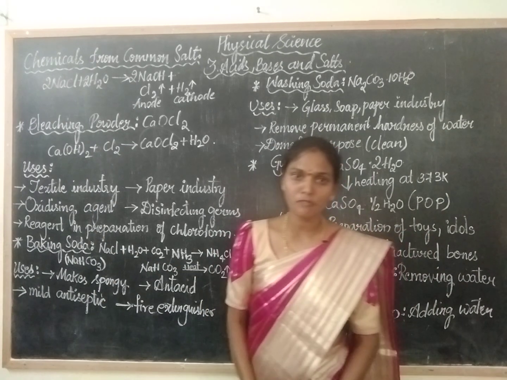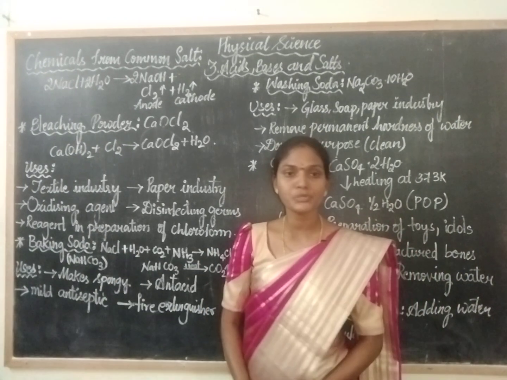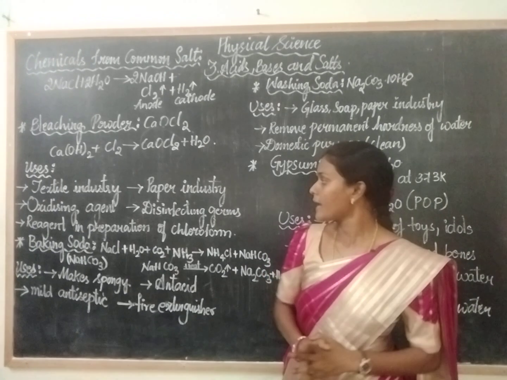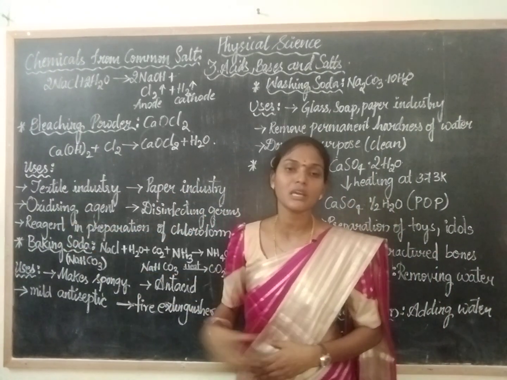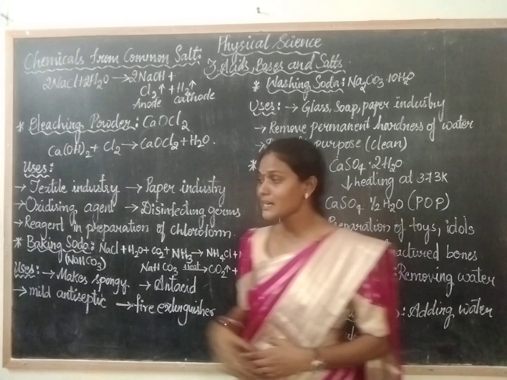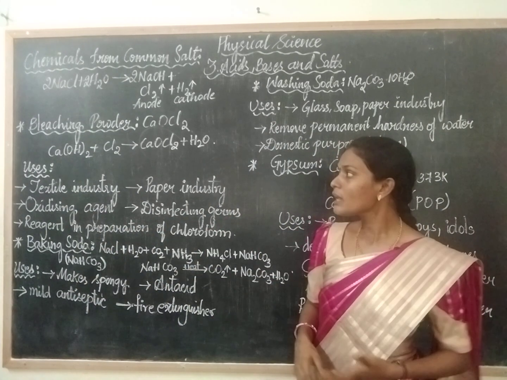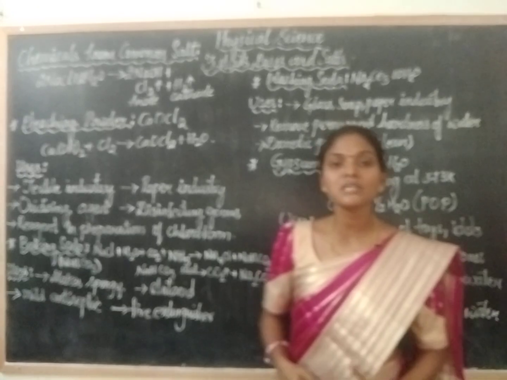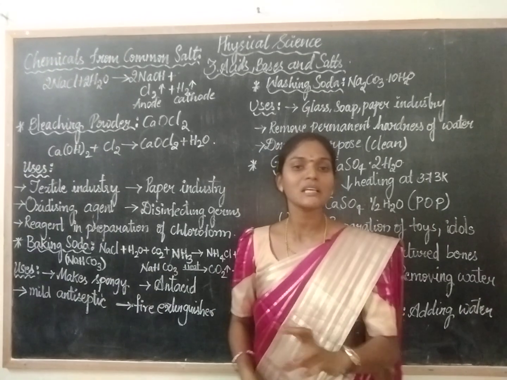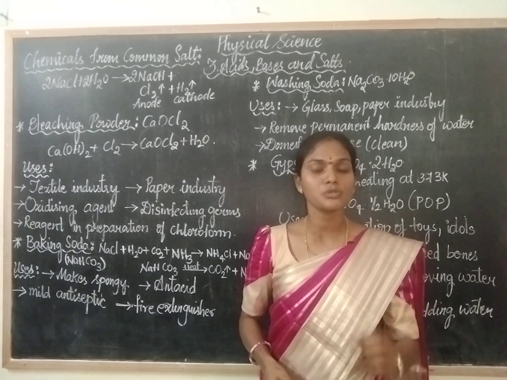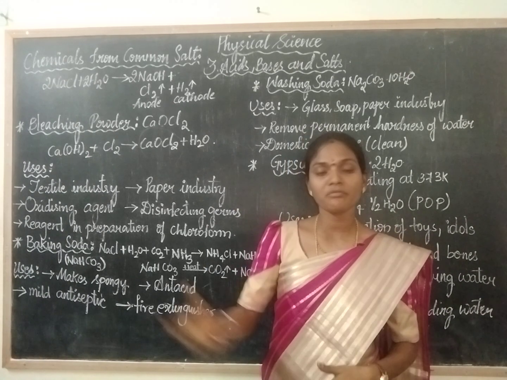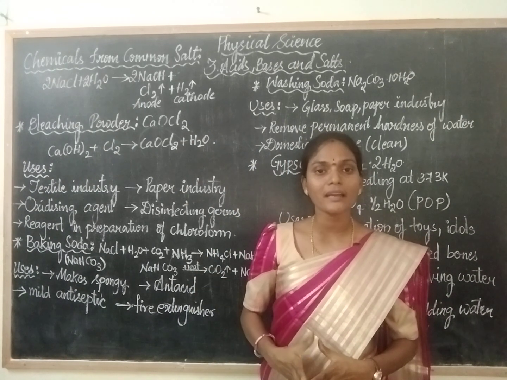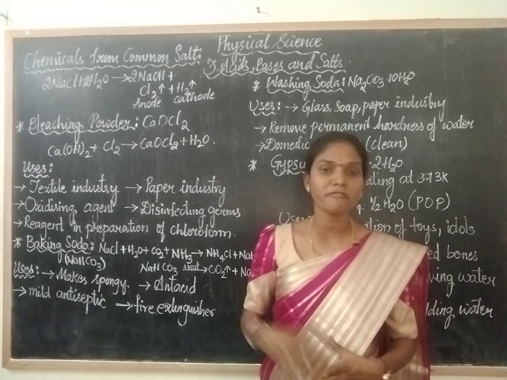Now, what are the uses of bleaching powder? It is used in the textile industry, in the paper industry, and in some chemical reactions. It is used as an oxidizing agent, and we are all familiar that bleaching powder is used to disinfect germs.